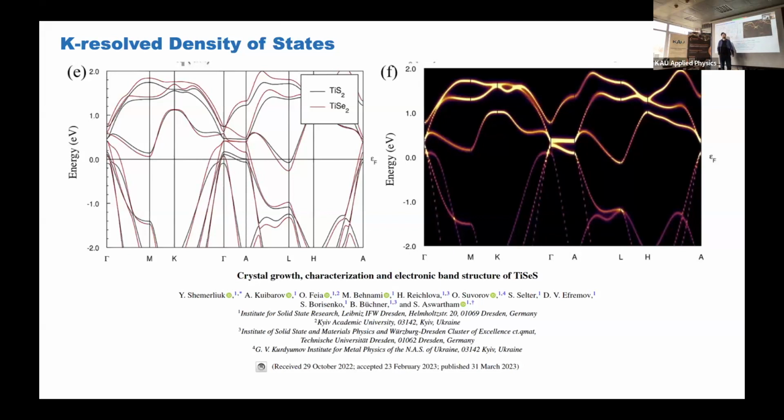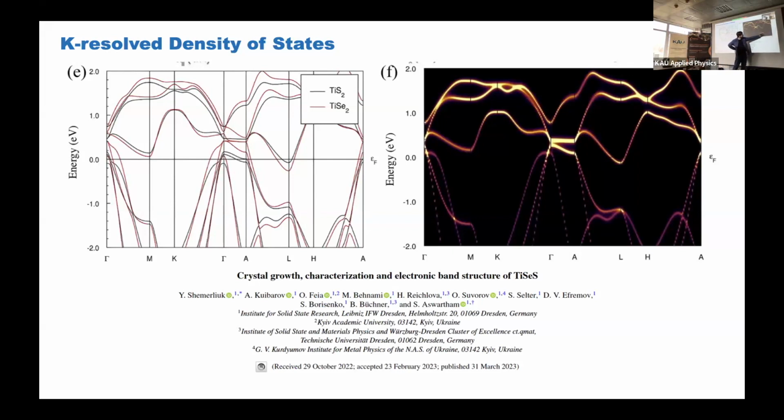By the way, I think the antonym for flat in this case would be steep, right? Steep. Yeah. Okay, so these are steep bands, and we see not so high an amount of states here.